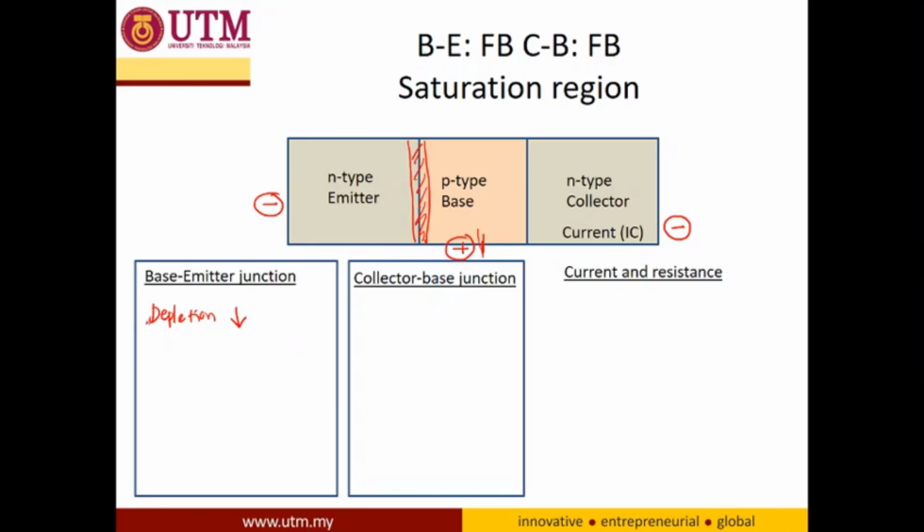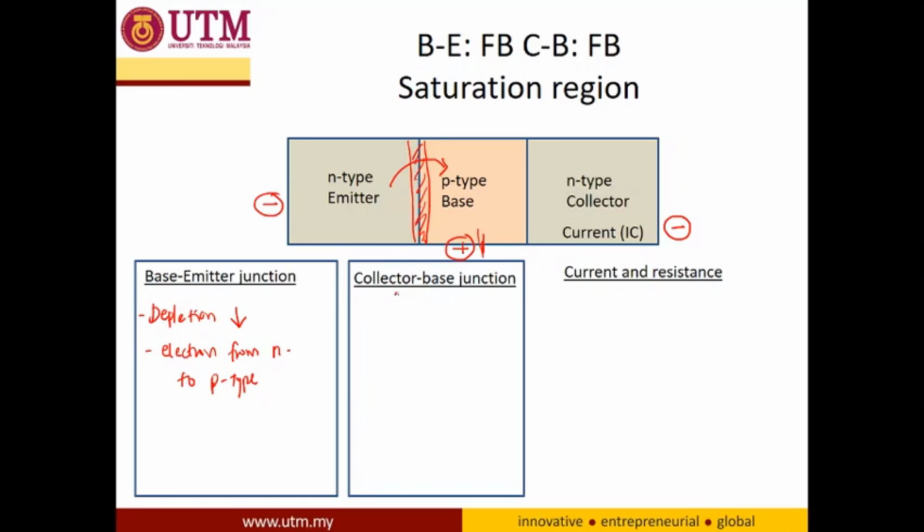And when the depletion region decreases, the electron can move from N-type to P-type.